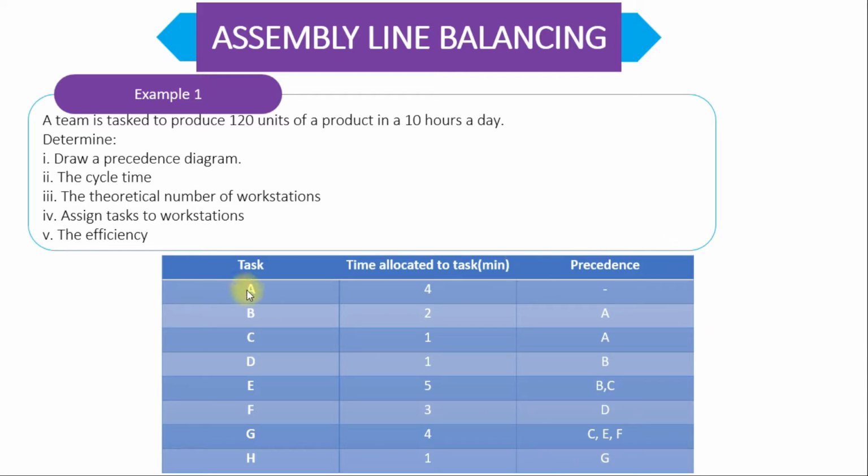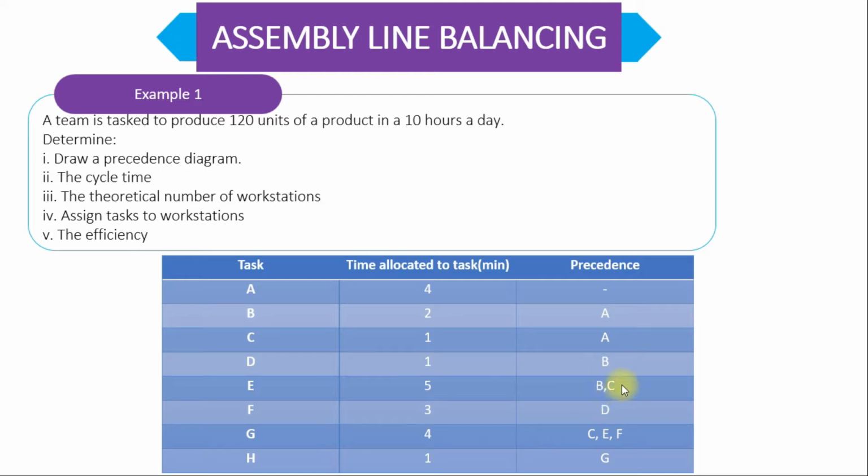So we have task A, which doesn't follow any task. That is why we have this hyphen over here. Now B follows A, which means if task A has not been done, then we can't do task B. Then task C also follows task A, D follows B, E follows both B and C. So in order for E to occur, B and C have to be completed.